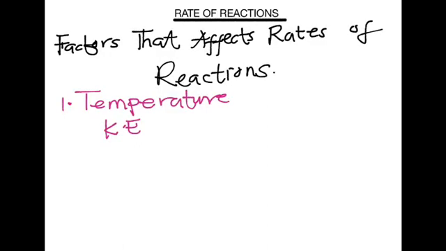It's the same thing that happens in any other chemical reaction. Increasing temperature will also increase the kinetic energy of the reactants, and this will cause more collisions to take place. And if we have more collisions, then we can be sure that we also have more effective collisions. So there is how temperature increases the rate of a reaction.